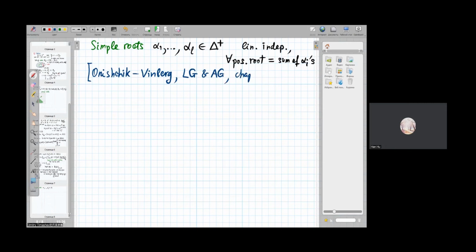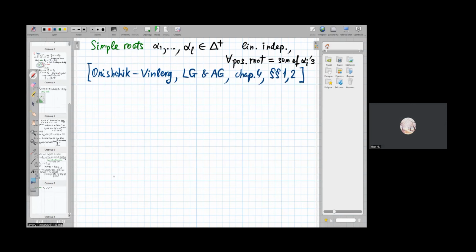Chapter 4, paragraphs 1 and 2. In these paragraphs, the root decomposition, positive roots, simple roots, and all these things are discussed in detail. So just consult this textbook for details.